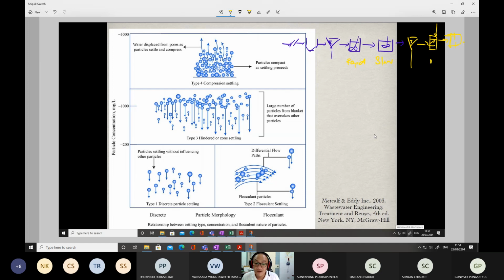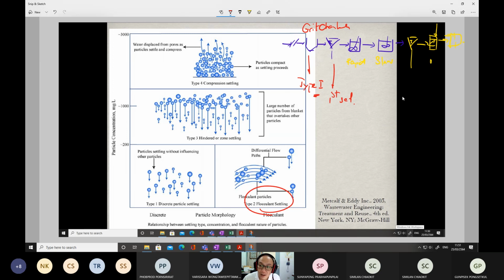For this one, type 1 settling will occur here, in the grit chamber. Part of the particles may settle in the primary sedimentation tank, and in this primary sedimentation tank you can expect to see type 1. But type 2 is flocculant settling.